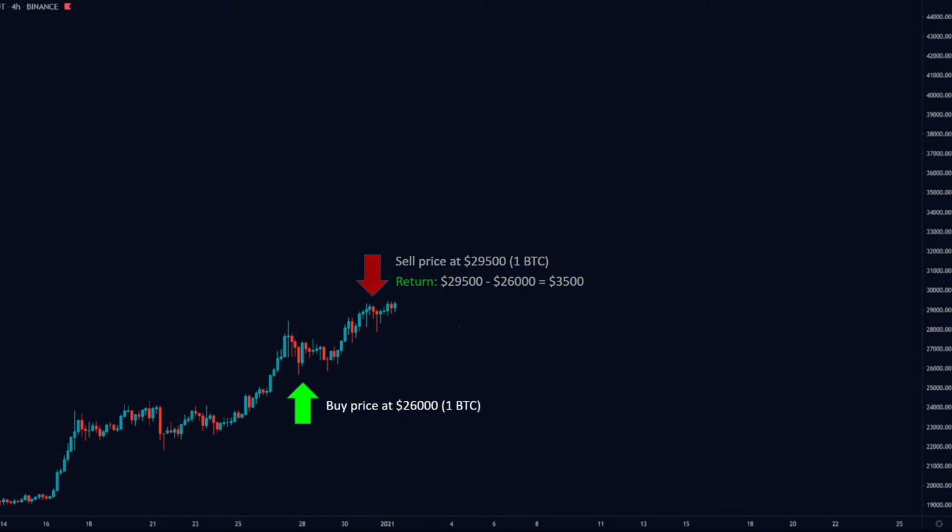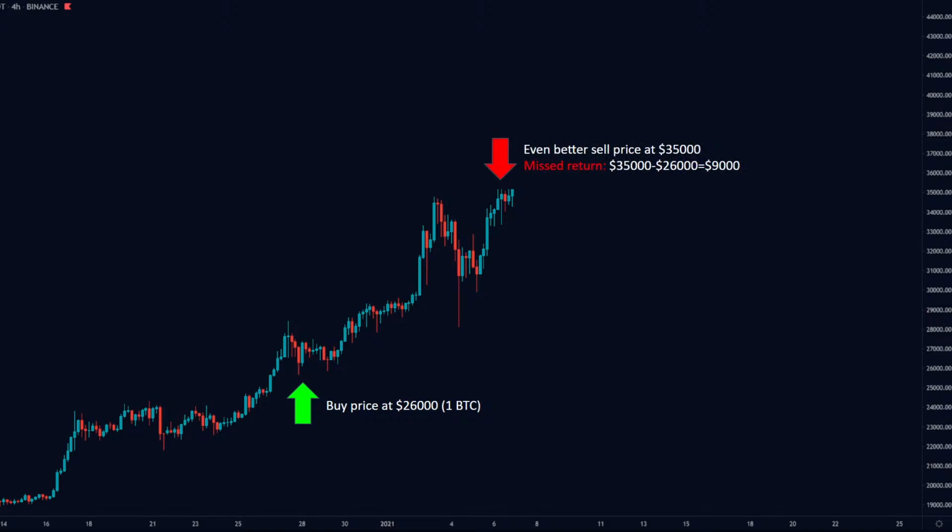But what happens next is that actually the price continues the upside momentum. And if you would have closed your position right here at the top, of course, this would bring you bigger returns. This is actually a missed opportunity of $9,000 in total.